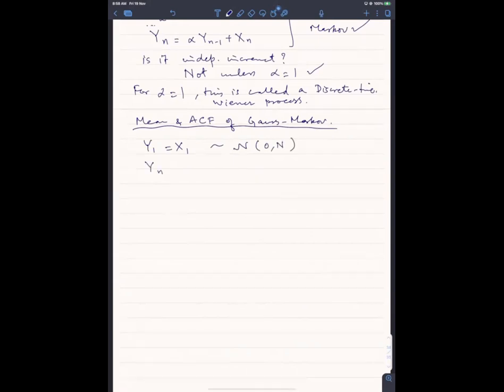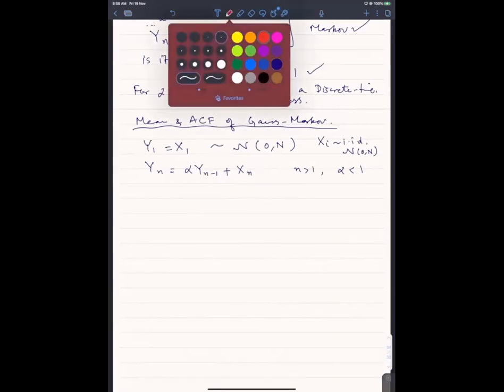And we also know that yn is equal to alpha times yn minus 1, पूरी उसकी history multiplied by alpha, plus xn, for n greater than 1, alpha less than 1, and the xi's are IID normal 0, n. So पहले मीन फाइंड करते हैं. सबसे पहले इसका मीन फाइंड करते हैं.